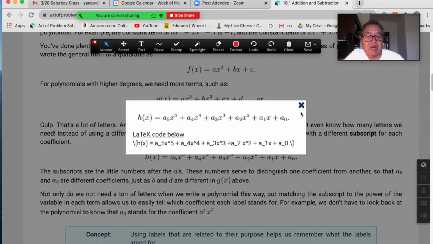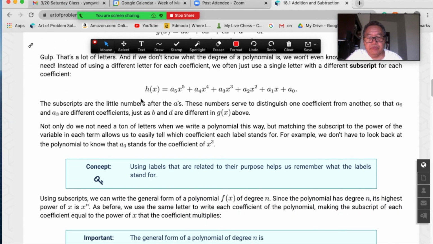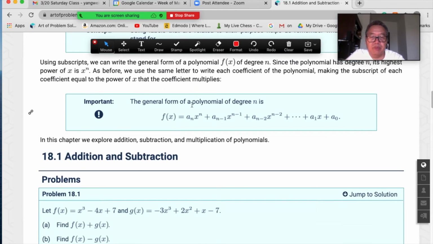That's still a polynomial function. Now let's see the general form. The general term of a polynomial of degree n, you can write like this. This is the general form of a polynomial of degree n.